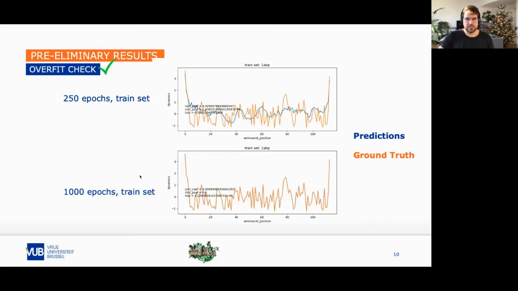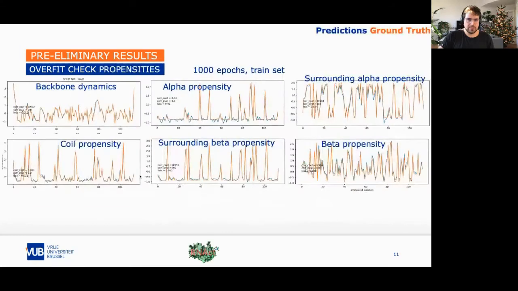So, overfit check. But this is only a dynamic parameter, the backbone dynamics. We talked about 6 labels. So we also tried to predict the 6 labels, and also reaching 1,000 epochs in the training set, we saw that it had overfitted, but not as much as before.